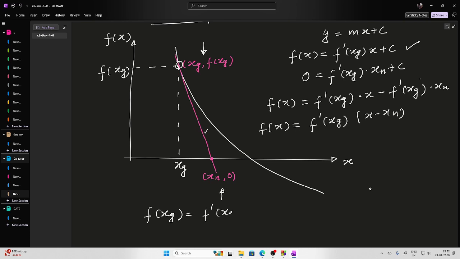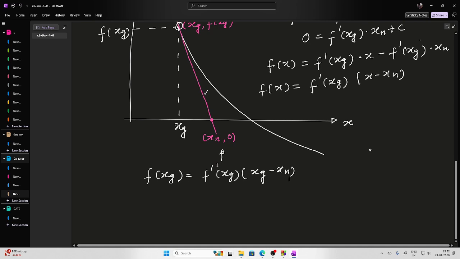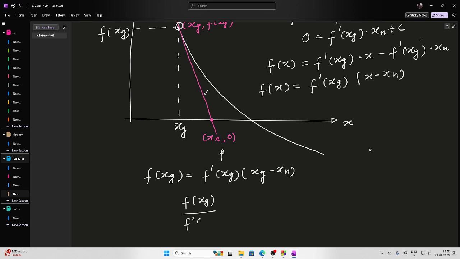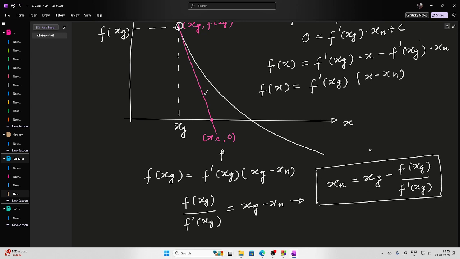So it is f'(xg) times (xg minus xn). Now you simply remove the extra term from this equation. You bring xn to the left hand side and bring this whole term onto the right hand side. So you will get the new value based on the guess value: xn = x guess minus f(x guess) by f'(x guess). So friends, in this way you can evaluate the new value.